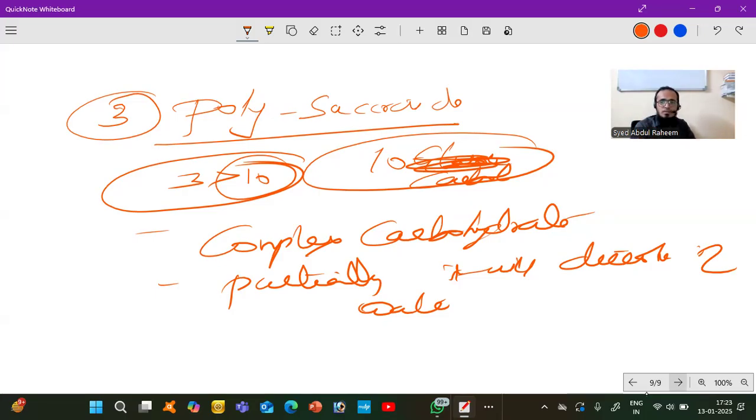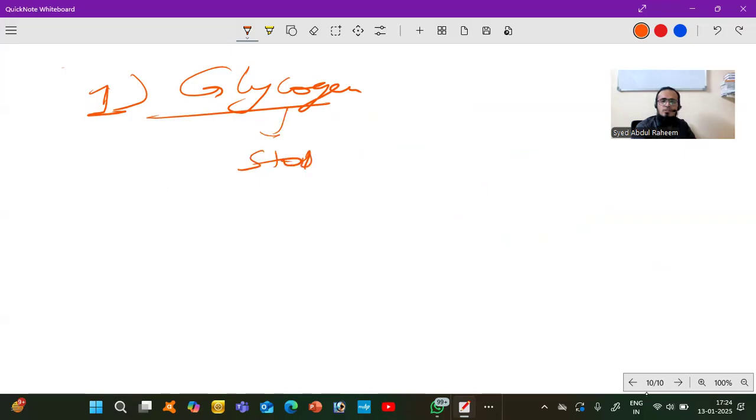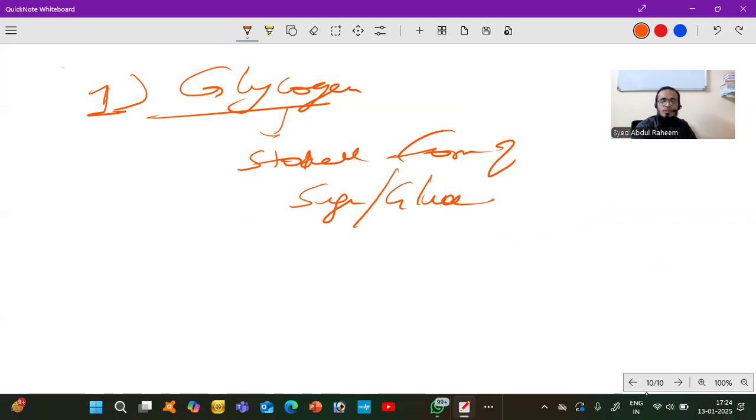So in that example, first will come glycogen. Very important. Glycogen is a stored form of sugar molecules or glucose. Whenever you eat food, it will enter into our body, and some amount will be utilized for energy.